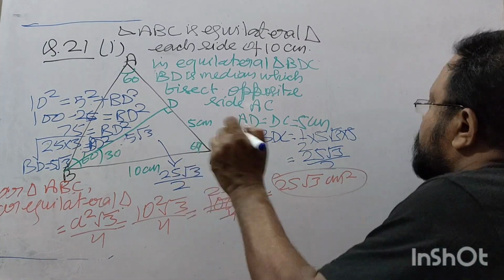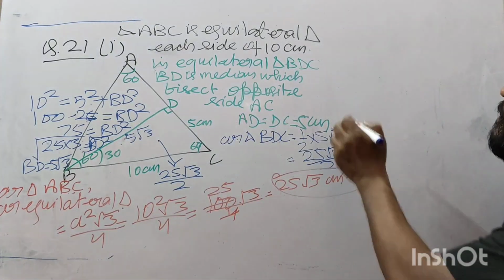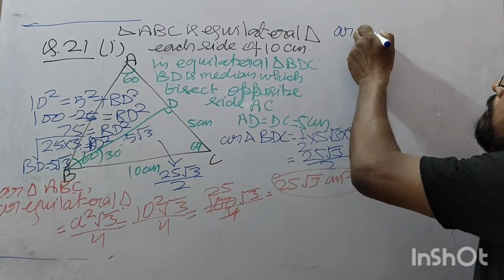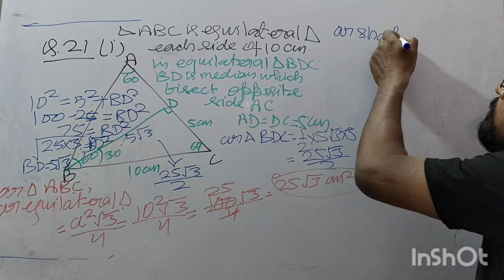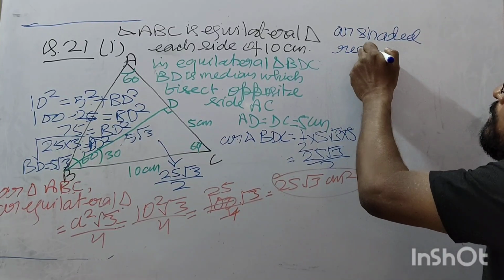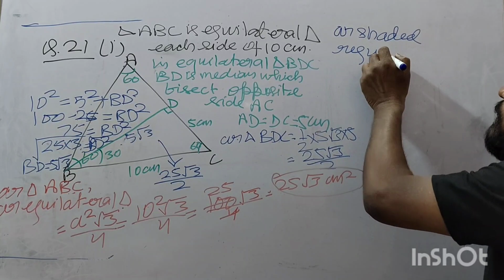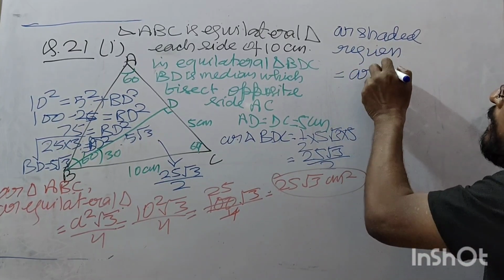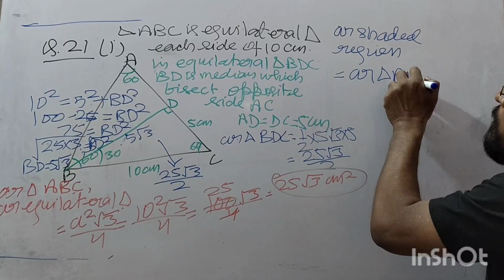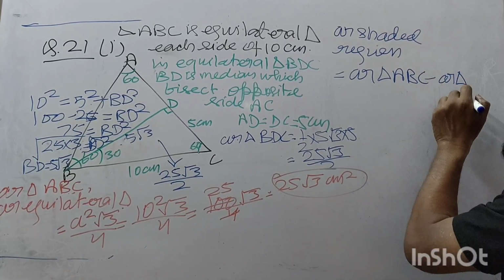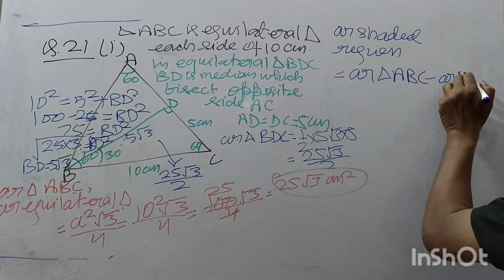Area of shaded region is equal to area of triangle ABC minus area of triangle BDC.